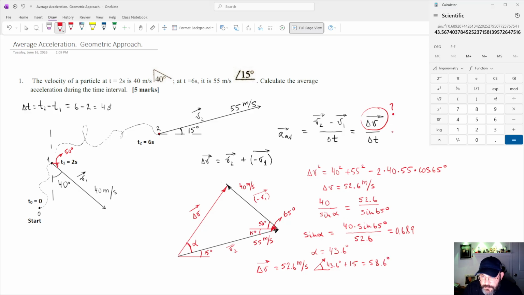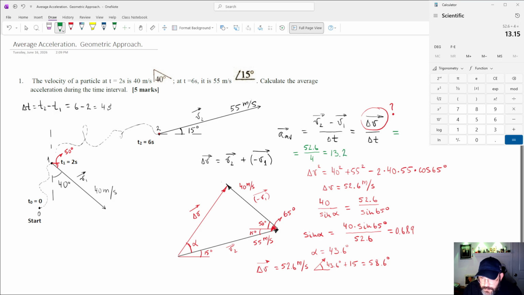So then we can finish this calculation. So let's maybe do it in a different color. So let's finish this calculation. So our delta V is 52.6 divided by delta T, which is 4, and this is equal to 13.15 up to the third significant figure.